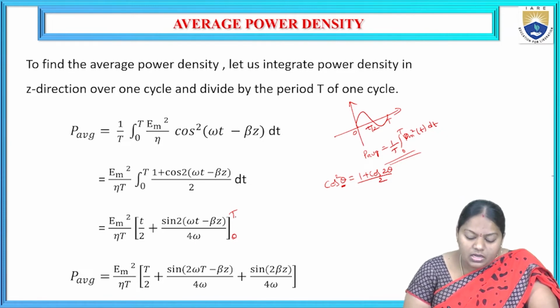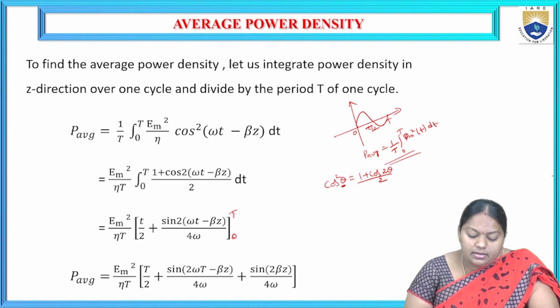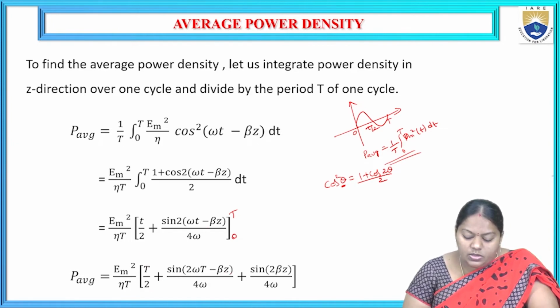If we substitute the upper limit T in place of t, it becomes T by 2 plus sine of 2 omega T minus beta z by 4 omega, plus.